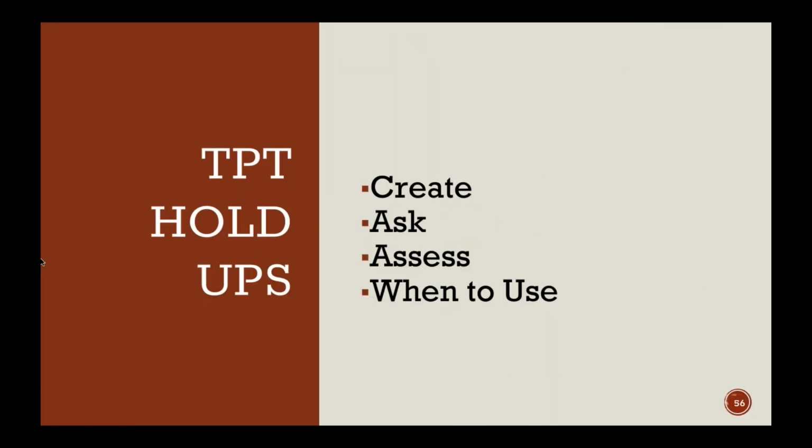So how do you use TPT holdups? Step number 1 is to create them. Think in advance the kind of TPT holdups that would best suit the needs of your class depending on the grade, the content, and the age. Cards can be created on index cards, different colored pieces of paper or cardstock.